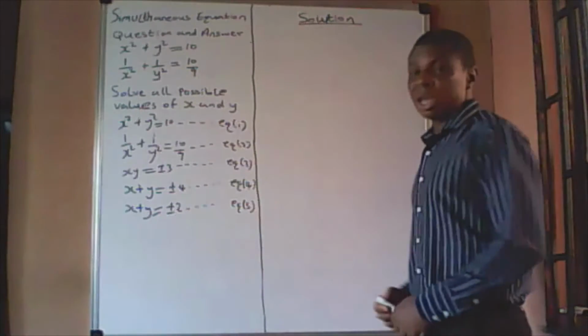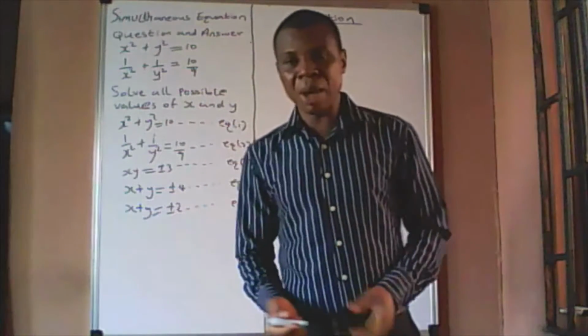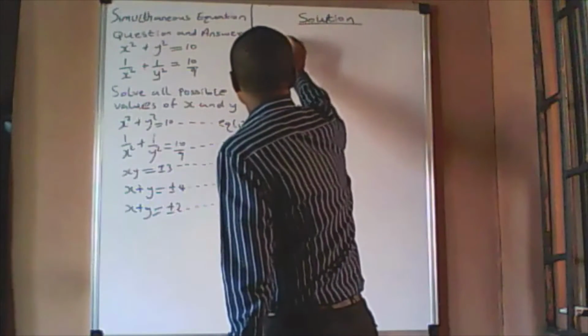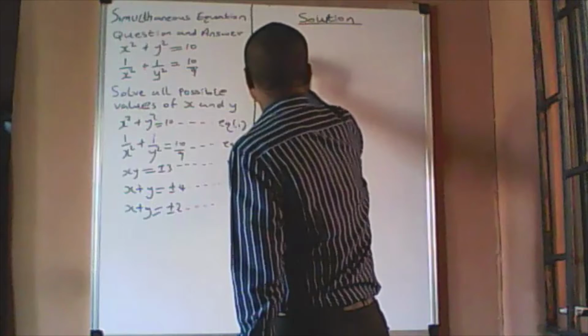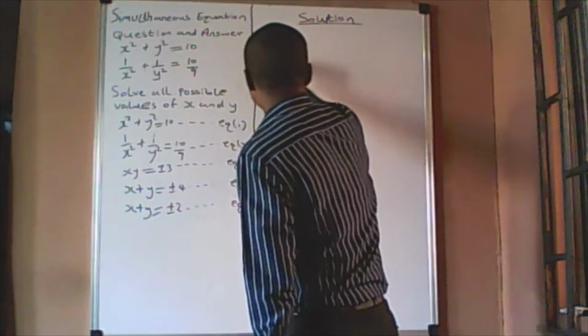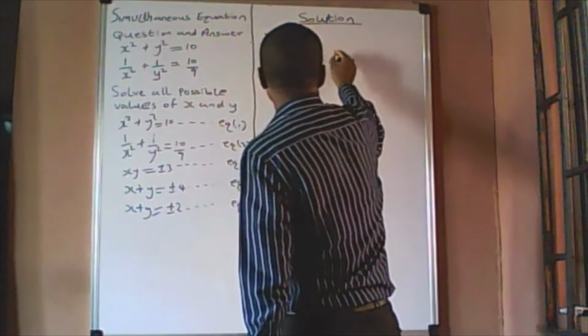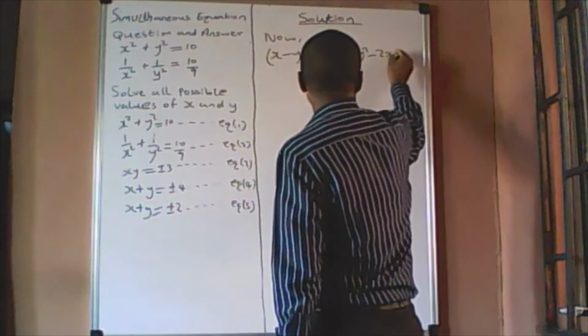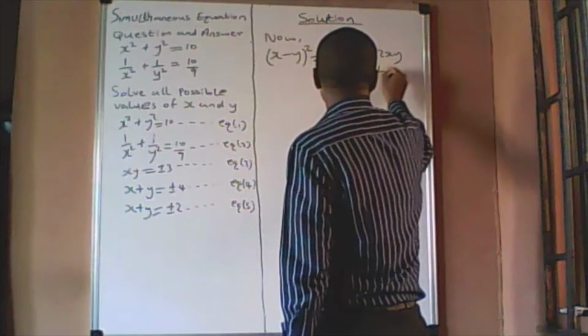Now, let us introduce another lemma. Now, x minus y raised to the power 2 is equal to x squared plus y squared minus 2xy. Call it lemma 2.